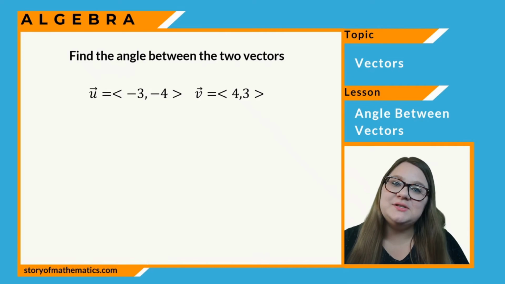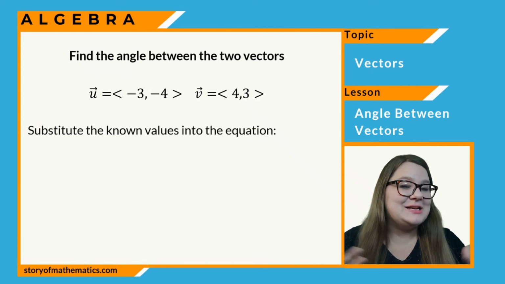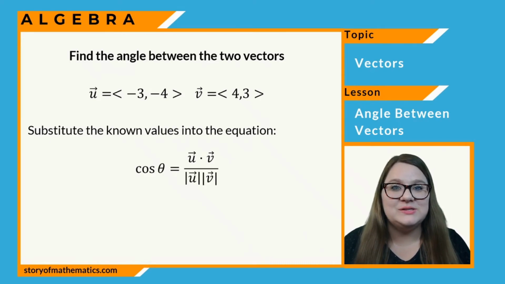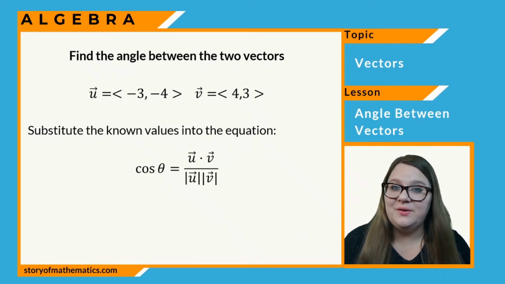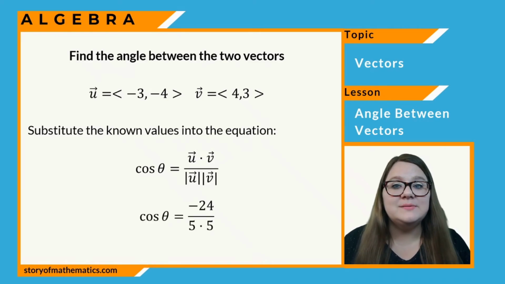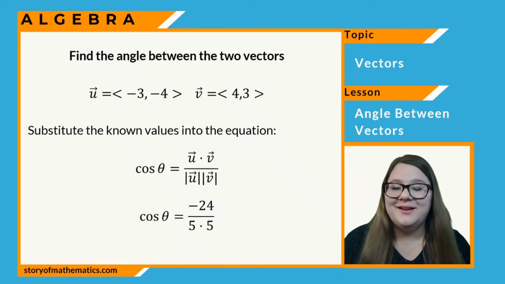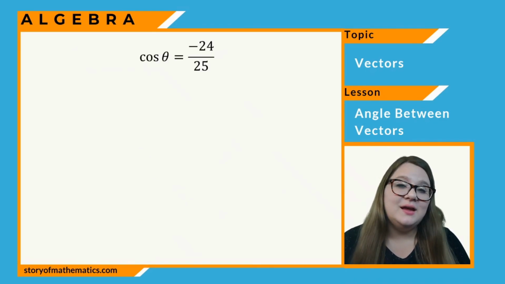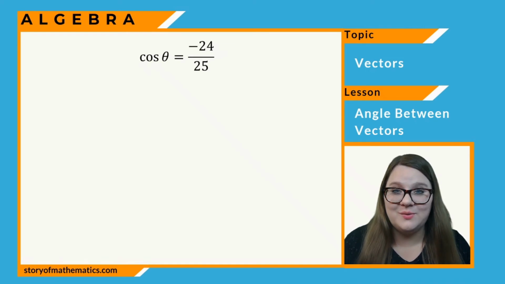Now I can substitute the known values that I just found into our equation. So cosine of theta equals u dot v over the magnitude of u times the magnitude of v becomes -24 over 5 times 5. Of course, 5 times 5 is 25, so I can rewrite this as cosine of theta equals -24 over 25.